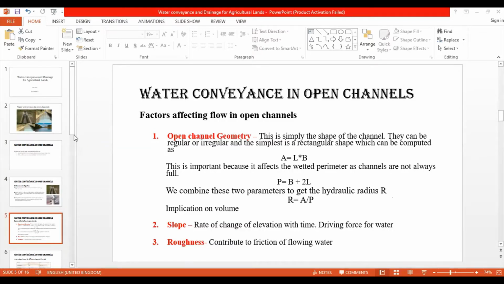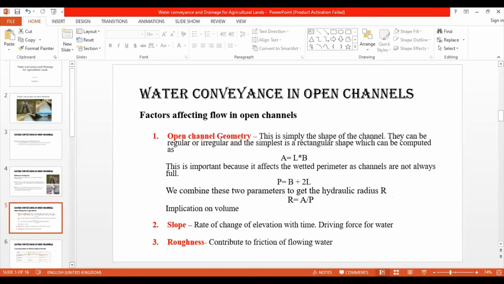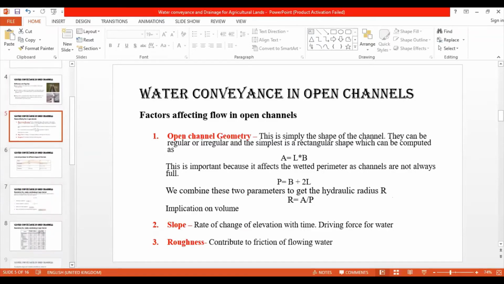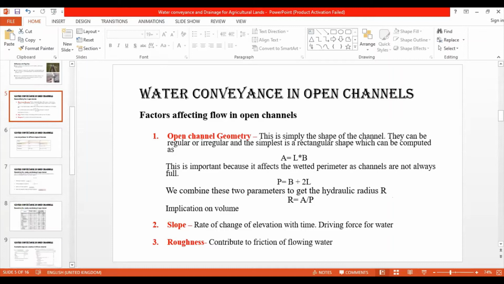So these are the three factors that we will consider when designing our channels. Now, if we look at the geometry of these channels, unlike pipes, which were almost every time cylindrical, open channels can take different shapes.